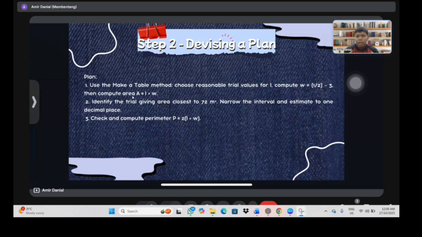Then compute area A equals L times W. Second, identify the trial giving area closer to 72 square meters. Narrow the interval and estimate to 1 decimal place. Check and compute perimeter P equals 2 times L plus W.